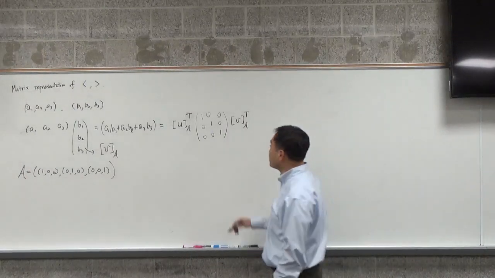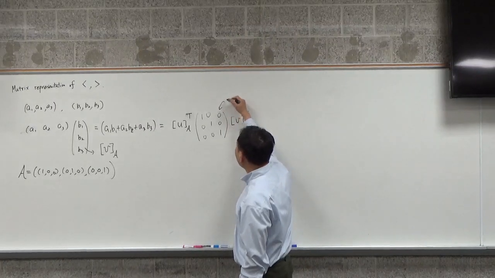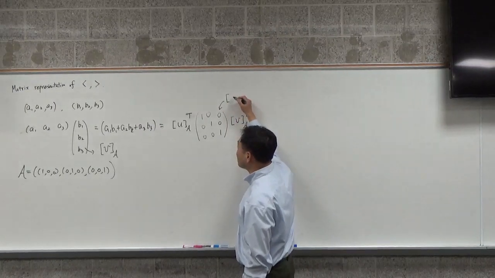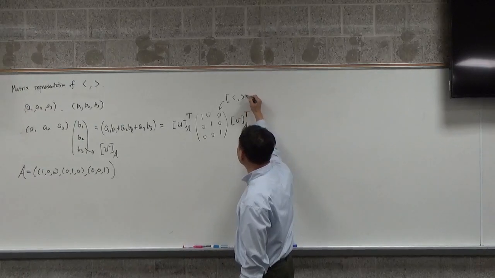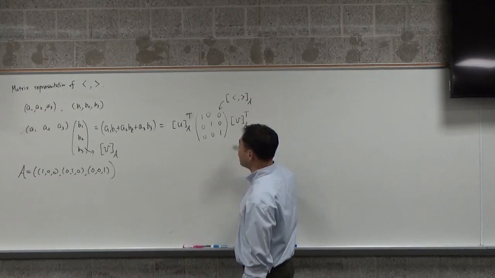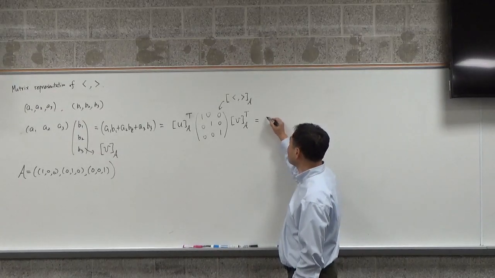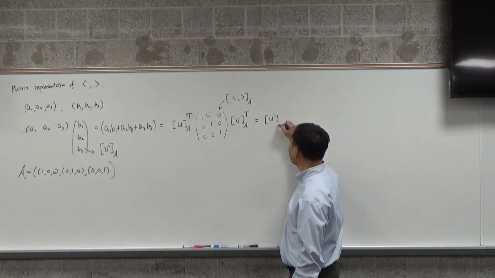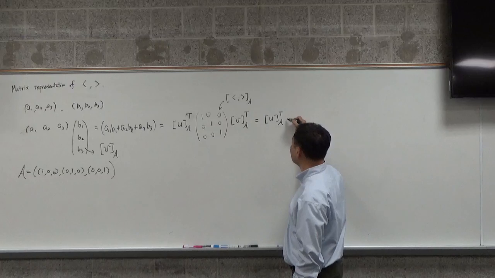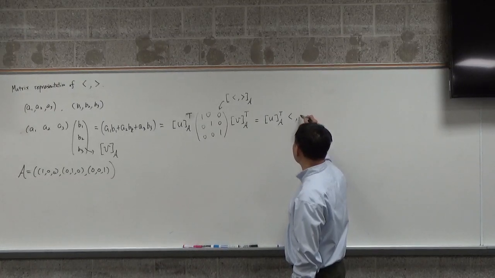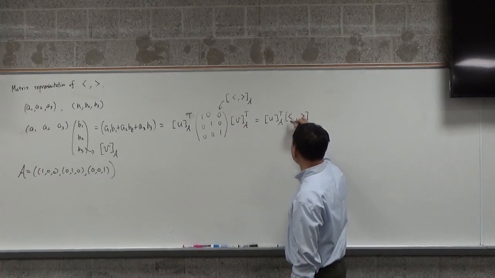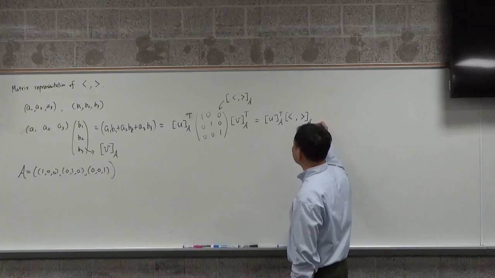And furthermore, we're going to call this one the matrix representation of our inner product under A. Okay? So what is that? That's U, A, T, matrix representation of our inner product under A.